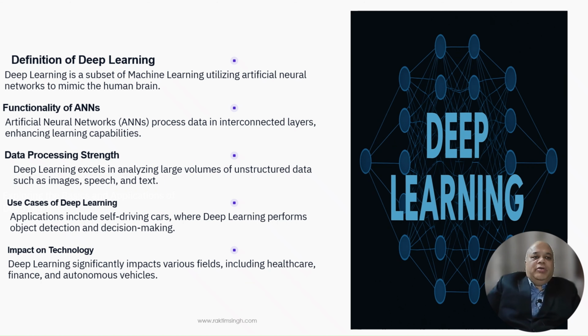The definition of deep learning: it's a subset of machine learning utilizing artificial neural networks to mimic the human brain. The artificial neural network processes data in interconnected layers, and it has deep processing strength.